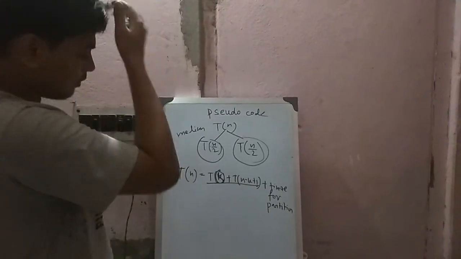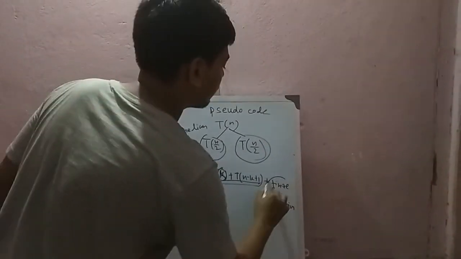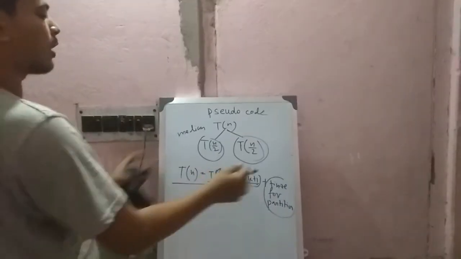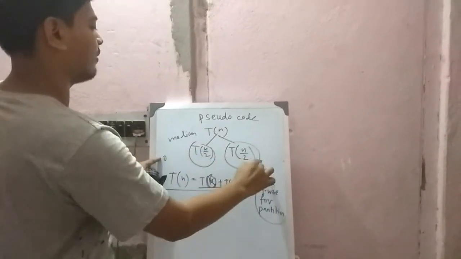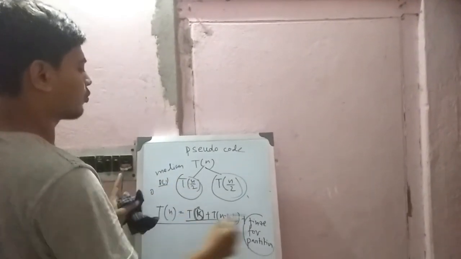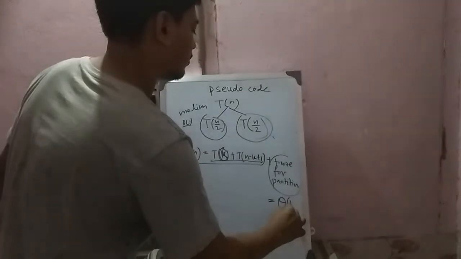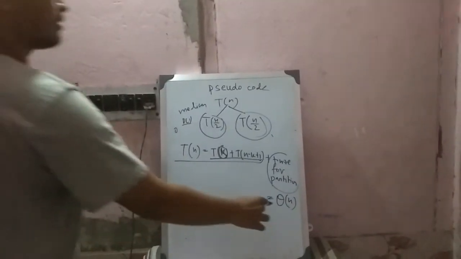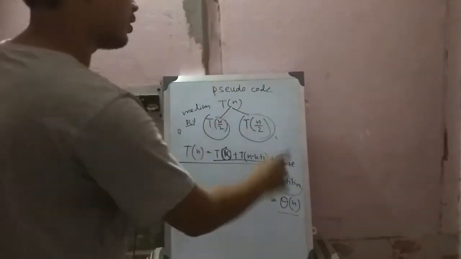Okay, if you solve this time complexity, the time for partition, what, to swap those two elements, for right and left we have to take order of 1, and for swapping n elements, the time for partition will be theta of n. This is the average, because in any case the time for partition will always be theta of n.